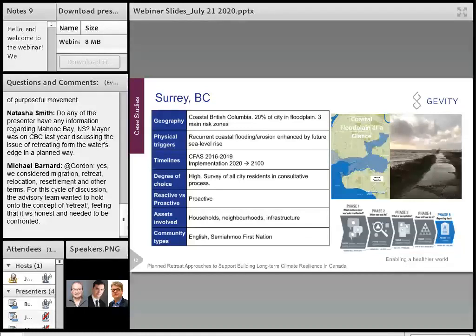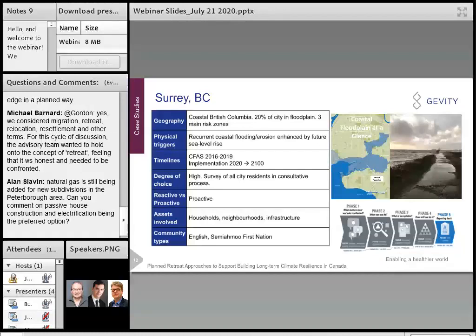There's an understanding that Surrey will have to confront climate change and adapt through a variety of options. So Surrey currently has recurrent coastal flooding, and projections are suggesting that this will only increase in the future, enhanced by sea level rise and perhaps even winter storm activity.